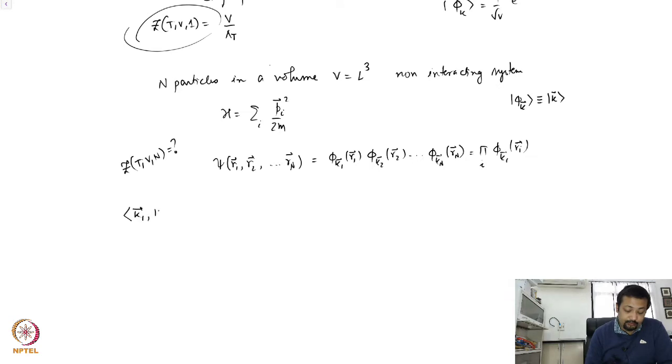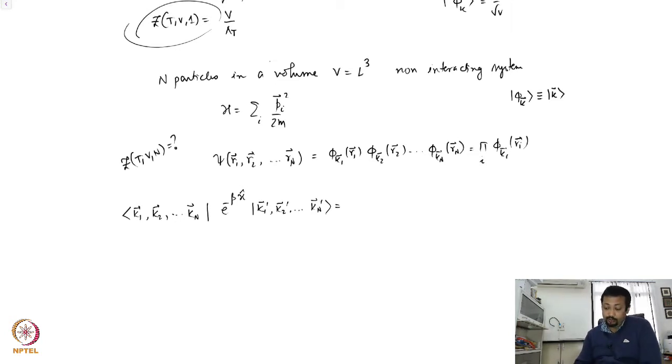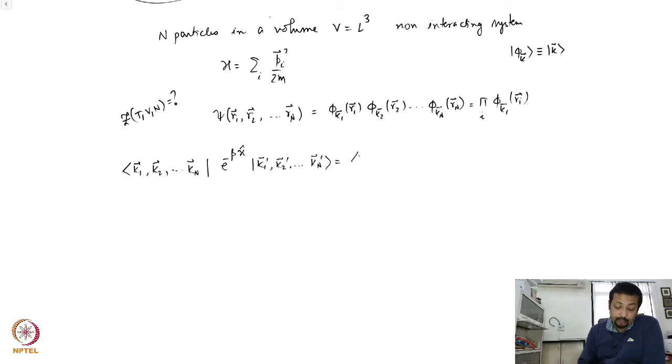If I want to calculate the density matrix <k1, k2, ..., kN| e^(-beta H) |k1', k2', ..., kN'>, it is very easy to do that, and you immediately see that this is going to be <k1, k2, ..., kN| e^(-beta sum over i of p_i squared over twice m) |k1', k2', ..., kN'>.